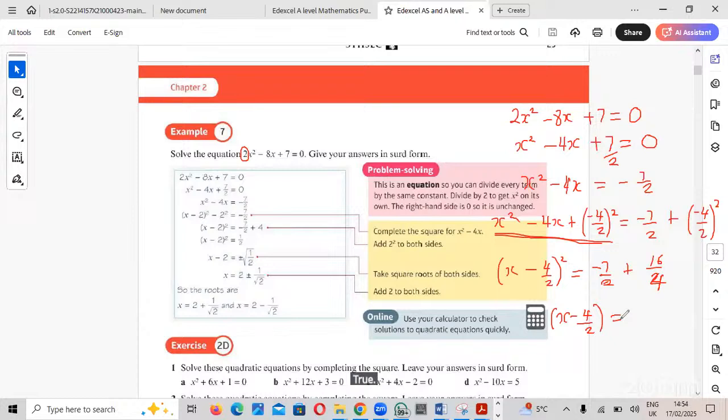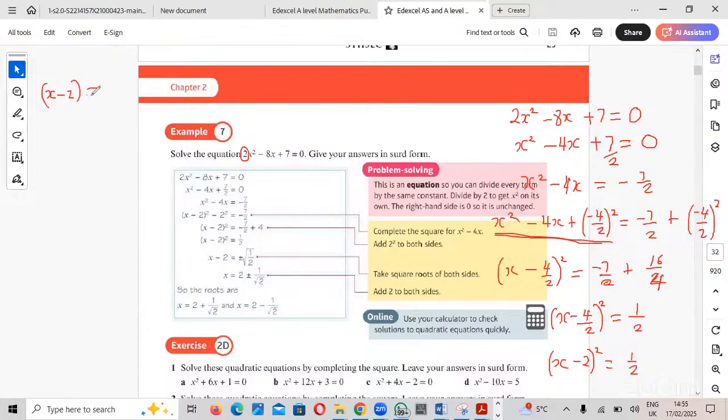So we have (x minus 2) squared, don't forget the square here, is equal to 1 over 2.